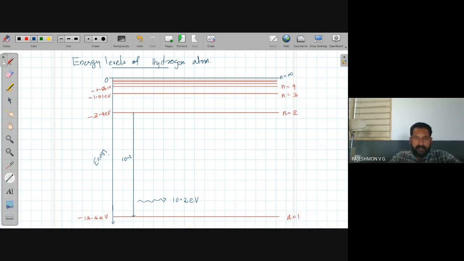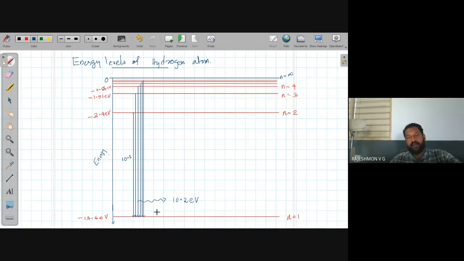There may be transitions from n equal to 3 to n equal to 1, from n equal to 4 to n equal to 1, from n equal to 5 to n equal to 1, from n equal to 6 to n equal to 1. All these are possible transitions.